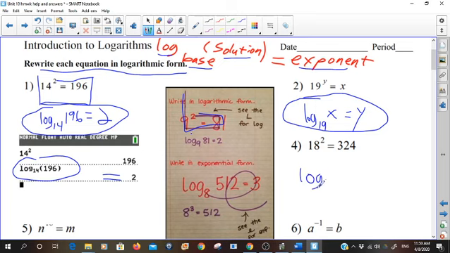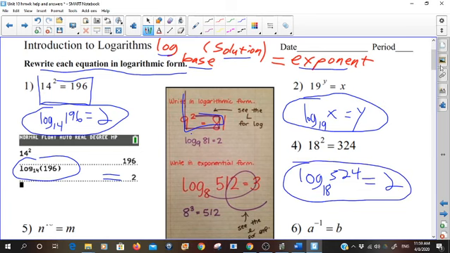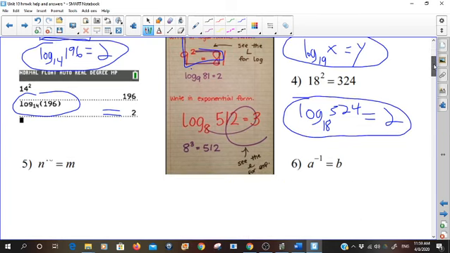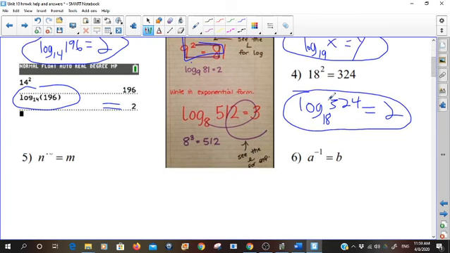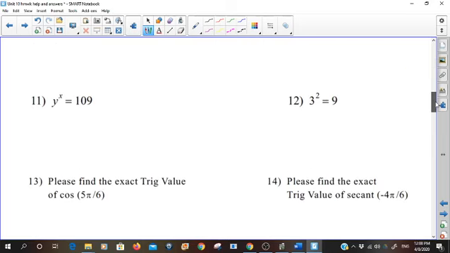It's all about the base. Log base 18 of our solution, which is 324, equals our exponent, which is 3. Boom. So you can practice those on this worksheet and bust a bunch of those out so you got it memorized and you're really good at it. That's supposed to be a 3. Sorry. Excellent. So give those a try.